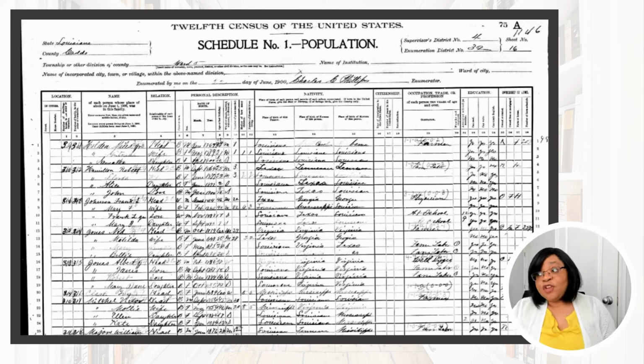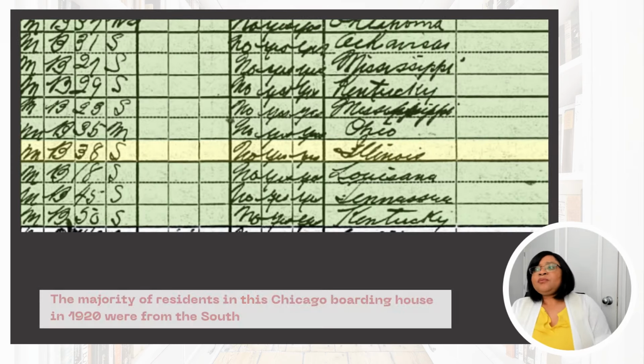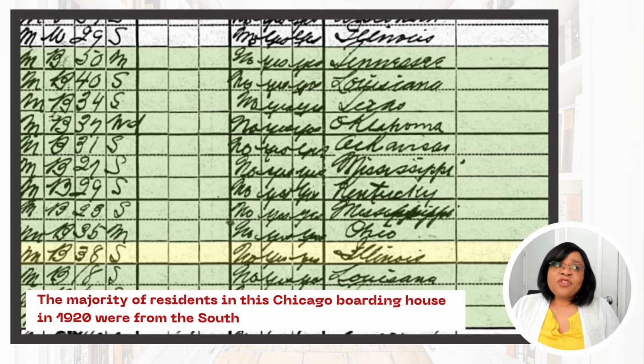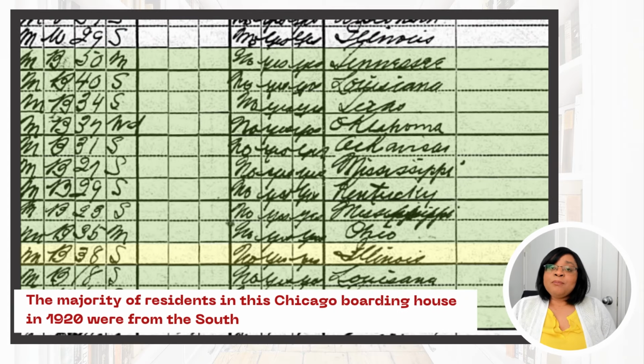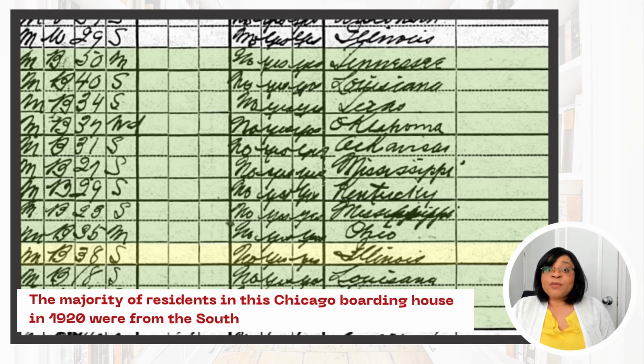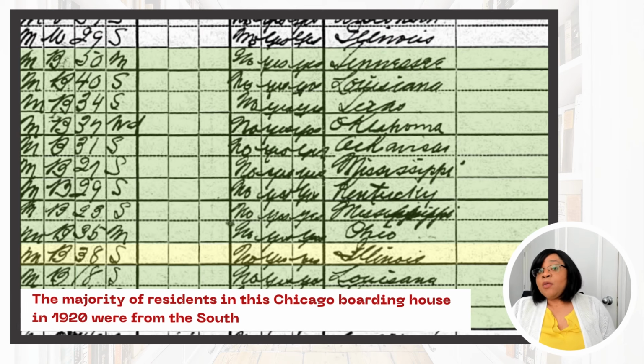However, that does change when you get to the 1910 census. And that is because the Great Migration is really getting started around that time. And the Great Migration is just when we had millions of African Americans from the South leave the South and they went north, west, and various places looking for better opportunities.